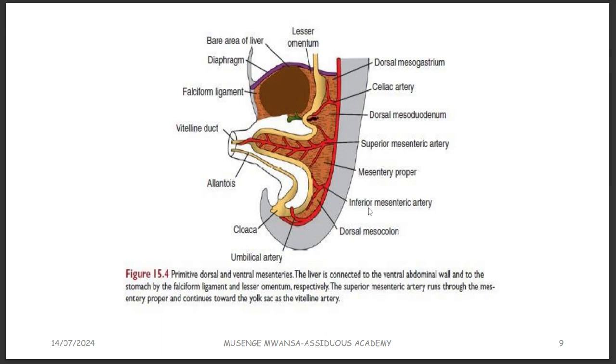So all the structures that are going to develop from the midgut will be therefore supplied by the superior mesenteric artery. All the structures coming from the foregut, things like the liver, they are part of the foregut, the stomach, they are part of the foregut. So those are going to be supplied by the celiac trunk. Okay, you can see at the end you're also going to have the umbilical artery that is going into the umbilical cord.